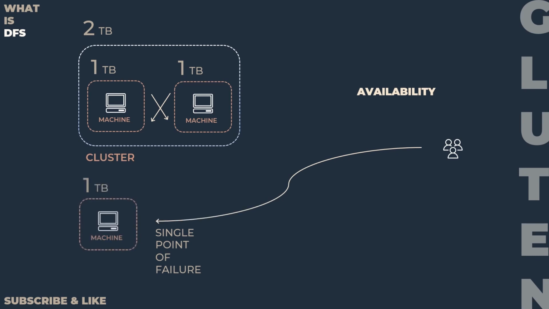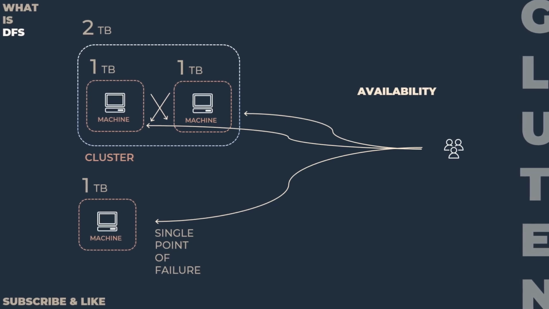If your server is down, then there is no way to access your data until it comes back up. DFS replicates your data to multiple nodes, and by having multiple nodes access the same data, the risk of data loss due to node failure is reduced, because other nodes can also serve data. This increases the overall availability of the data and reduces downtime.